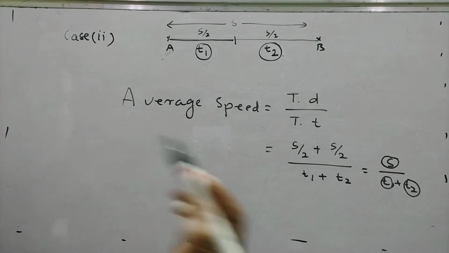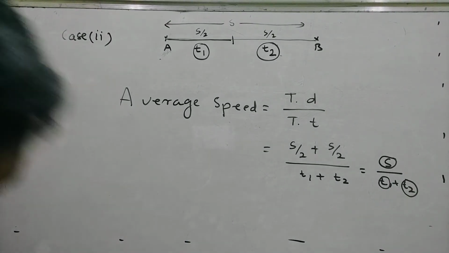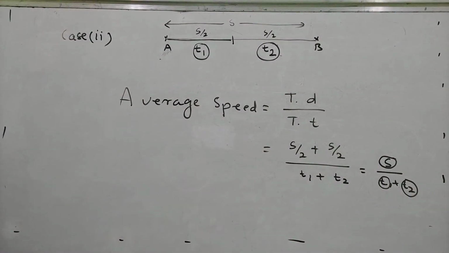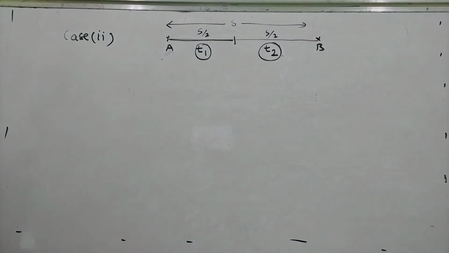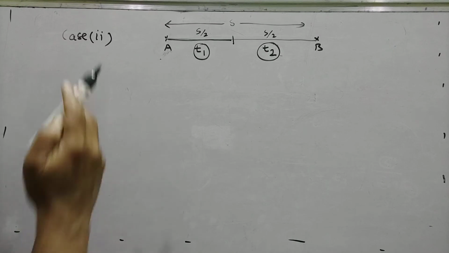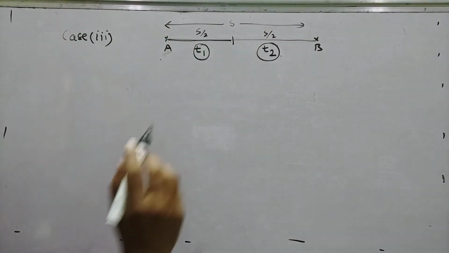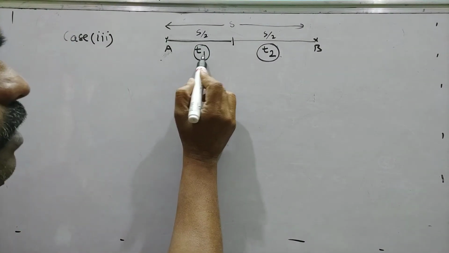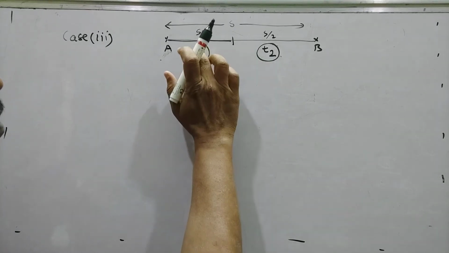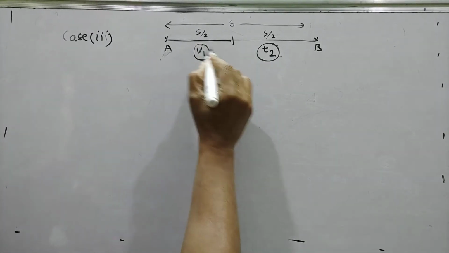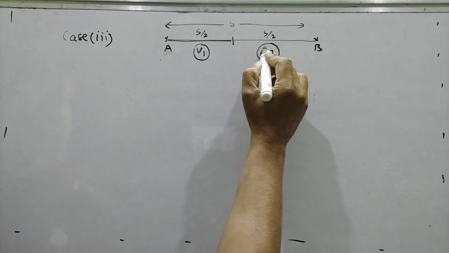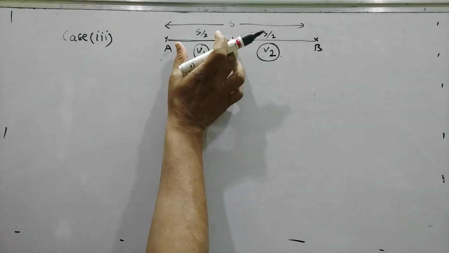We will see one more case also. I think you understand well. This is the third case. Here, instead of the time taken being given, I am changing only the velocity, that is the speed.